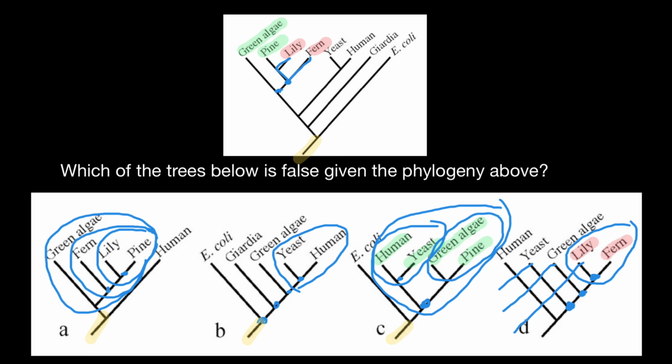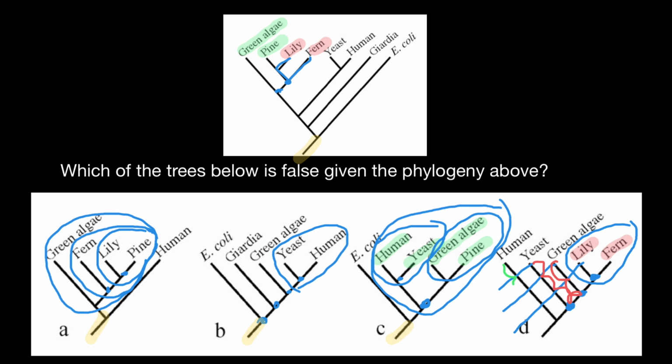So let's count the distance between, for example, yeast and green alga. And each fragment here represents a certain period of time. So 1, 2, 3, 4, 5, and 6. And let's now count the distance between human and green alga, which also has to be the same.